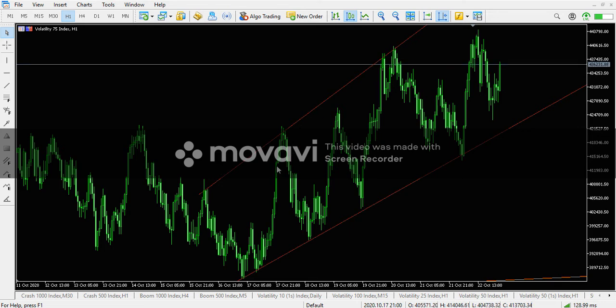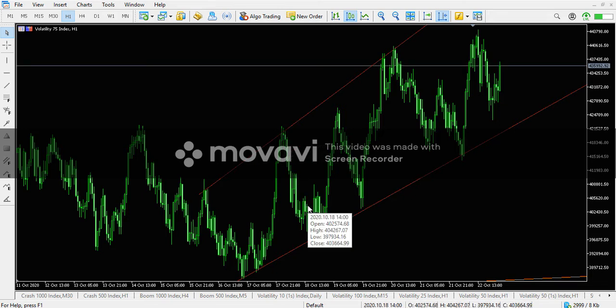But you can see here a very massive impulse move. Then this is the corrective move, the impulse move, corrective, the impulse. You can see a series of bullish candles. Here there was a kind of rejection.